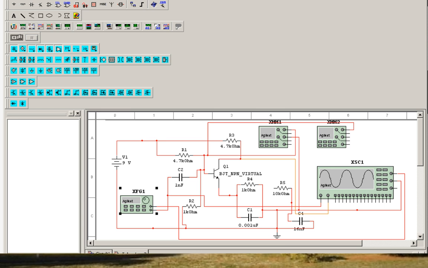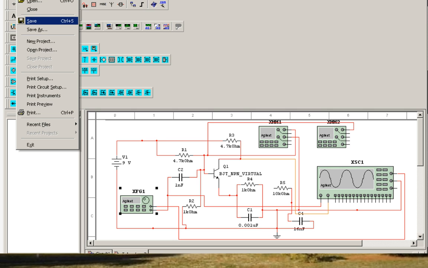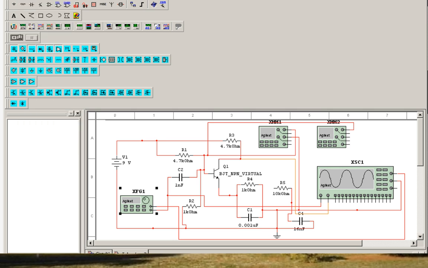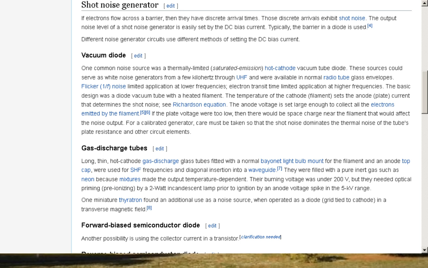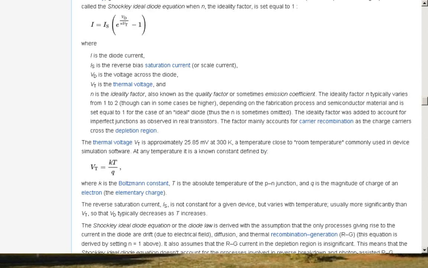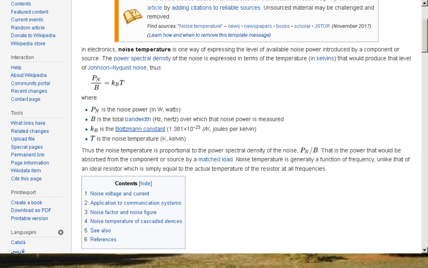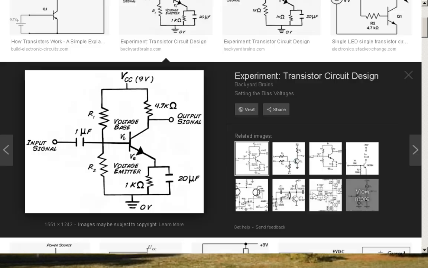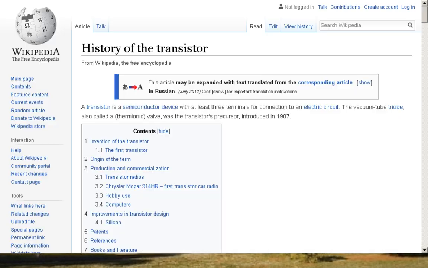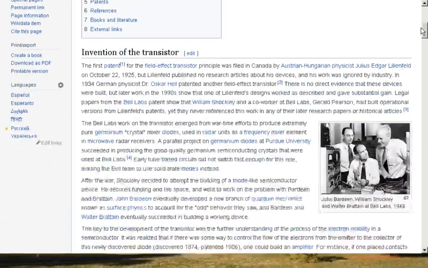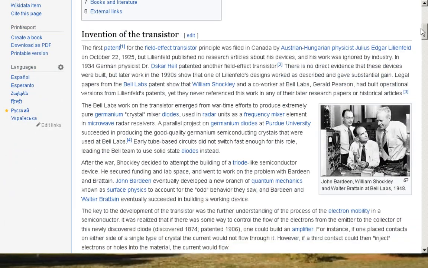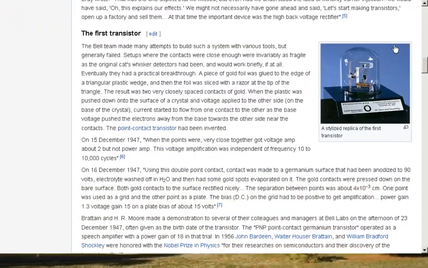Now, the other thing is there's noise circuitry, there's some things in there, but there's noise temperature that I was talking about. We were talking about the transistor, the history of the transistor, a little bit about how it came about.